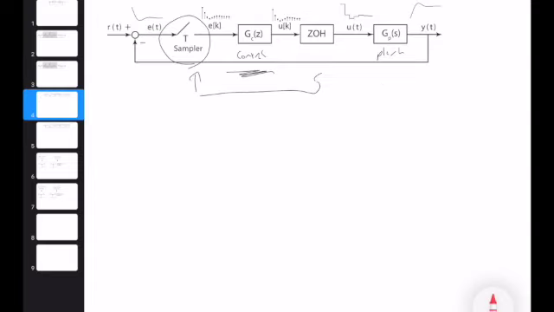And later we learned that we can model the controller using a discrete-time transfer function. The digital-to-analog converter is a zero-order hold block, and our sampler converts continuous-time signals into discrete-time signals, which is the modeling of the analog-to-digital block.